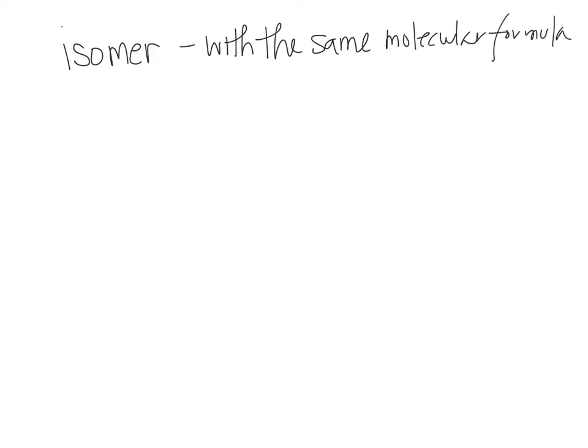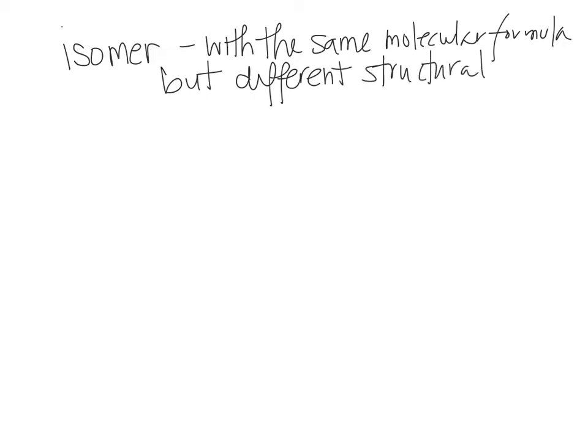An isomer is a compound with the same molecular formula, but different structural formula. Because it has a different structural formula, it's going to have a different name, and it's going to have different properties.